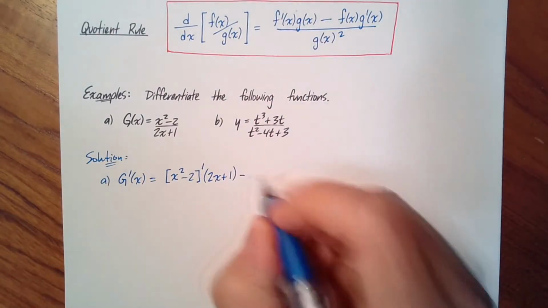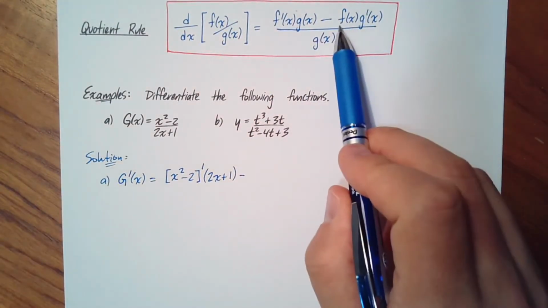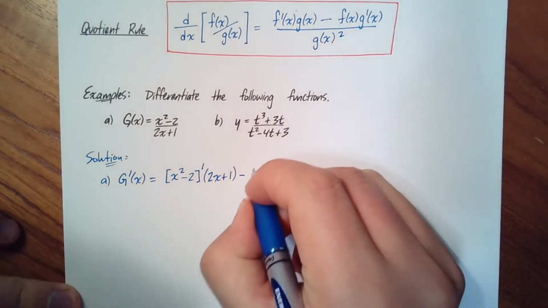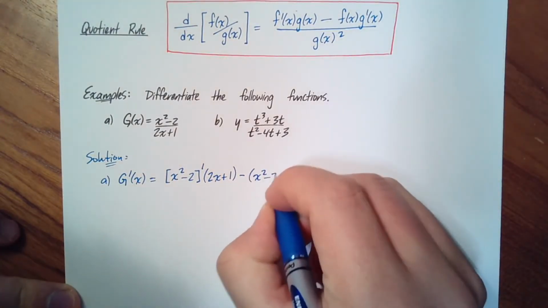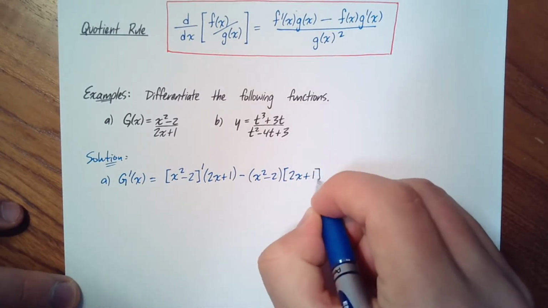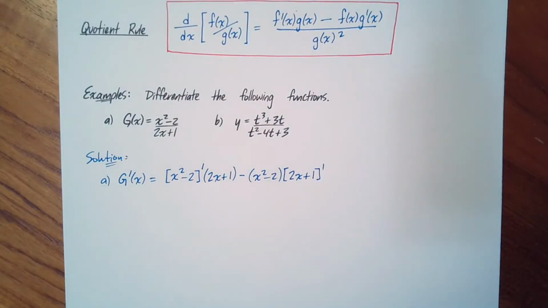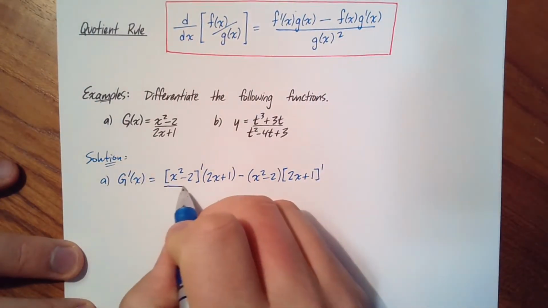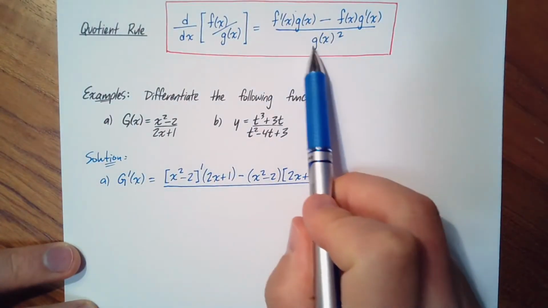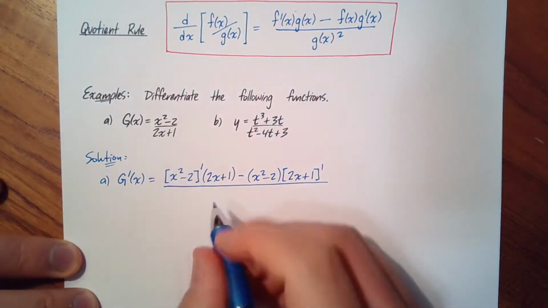Then we're going to subtract this next term where we leave the numerator alone, but we differentiate the denominator. So we're going to get x squared minus 2 times the derivative of 2x plus 1. And then all of that is going to be divided by the original denominator squared. We're going to divide by the square of 2x plus 1.